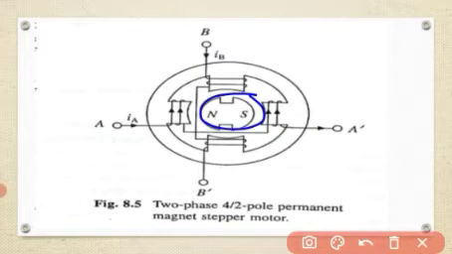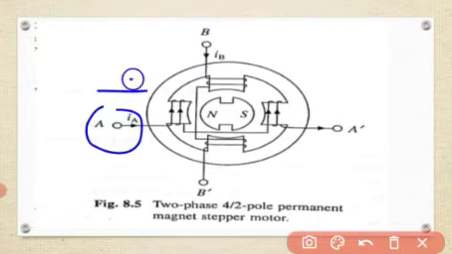Let us have a discussion over working. What will happen when phase A is excited? When phase A is excited, the current flows in the direction shown here with respect to this terminal. Now, when phase A is excited with the direction of current IA, the north pole of the rotor aligns with the phase A pole on the left.